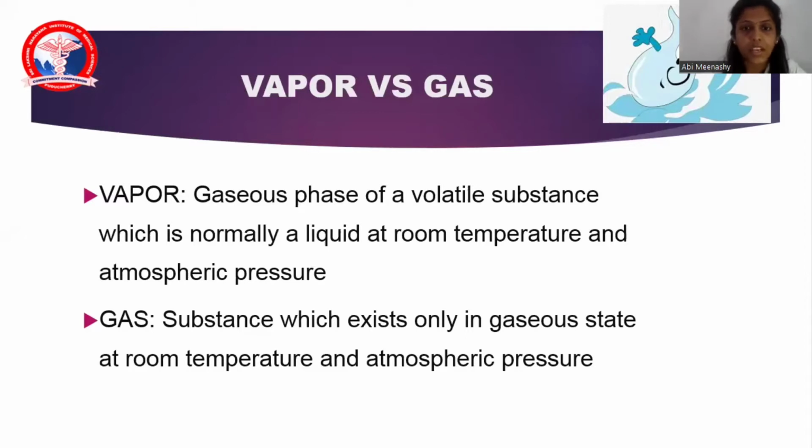Gas is a substance that exists only as a gaseous phase at room temperature and atmospheric pressure. A volatile substance can be a liquid at room temperature and atmospheric pressure. When it becomes a gas, it is called a vapor. A gas will only be in gaseous state in room temperature and atmospheric pressure. It doesn't have a liquid state.